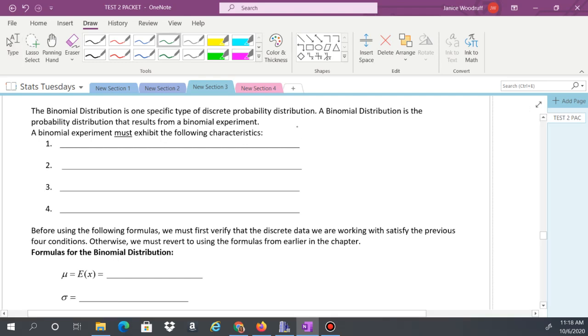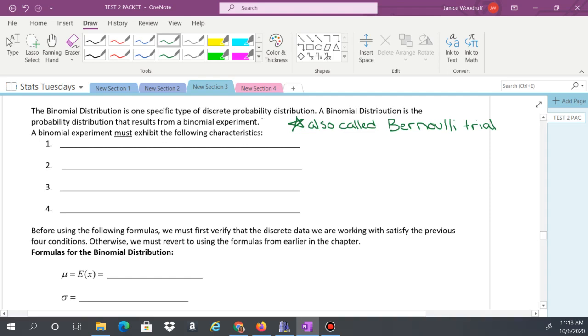This is also called a Bernoulli trial, named after a famous statistician who came up with this. There are 4 characteristics, and this will come up on your test on vocab for sure.